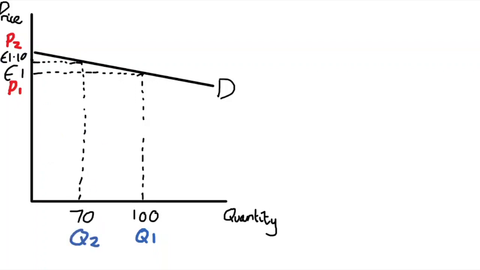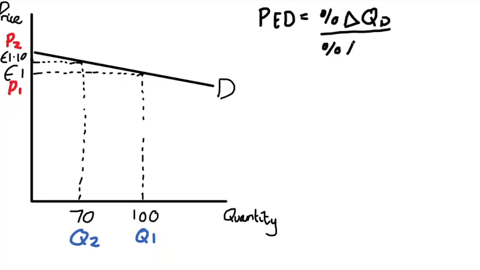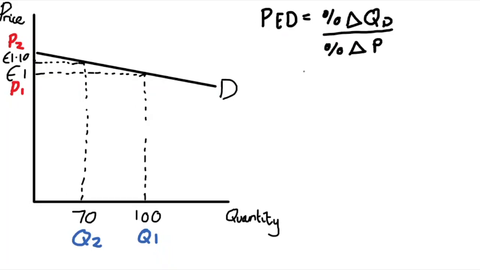In order to work out the price elasticity of demand, we're going to use a simple formula where price elasticity of demand equals the percentage change in quantity demanded, where triangle means change, over the percentage change in the price of the product. Now, to write this out for calculation purposes, Q2 minus Q1 is all divided by Q1, and that is multiplied by 100.